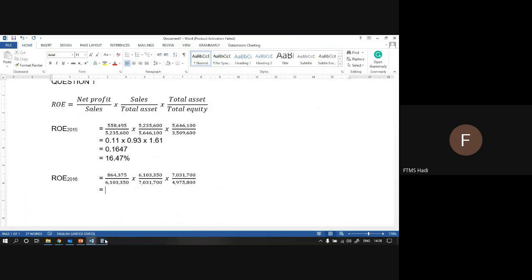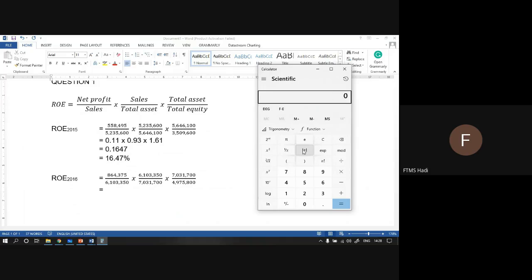So if you are an expert already, you can come up with this one. You do a bracket, 864375 divided by 6103350, close bracket, multiply by 6103350 divided by 7031700, and then multiply by 7031700 divided by 4975800, and press enter.